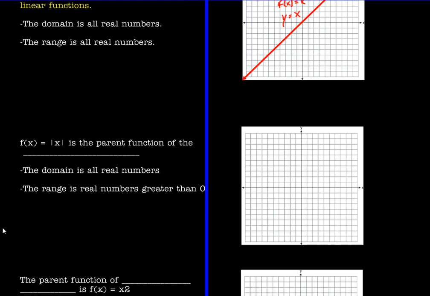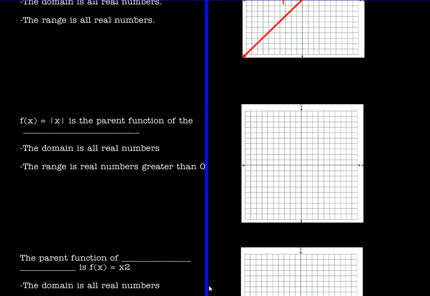Now, here's more into what we've been studying in class recently. The f of x equals the absolute value of x is the parent function of the absolute value function. There's no fancy way to say it. It sounds redundant.